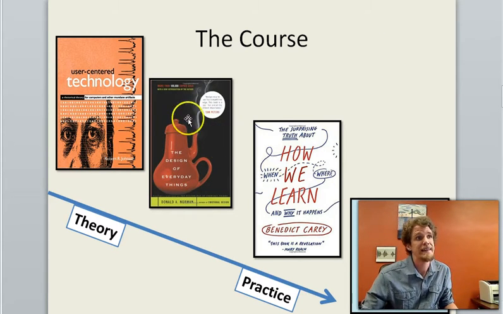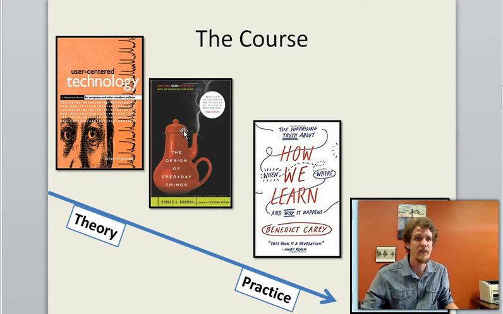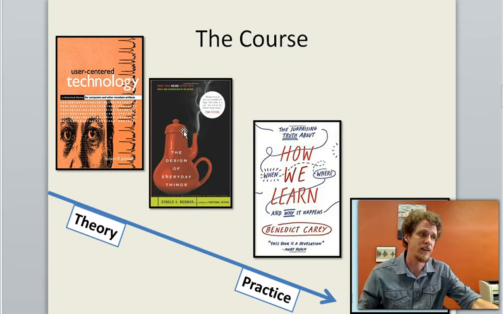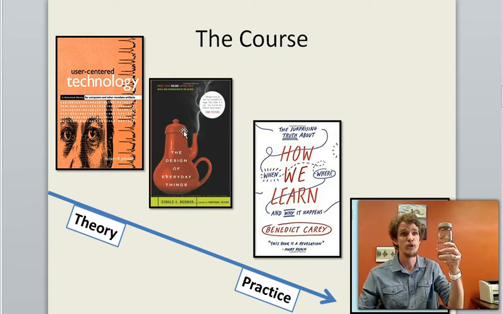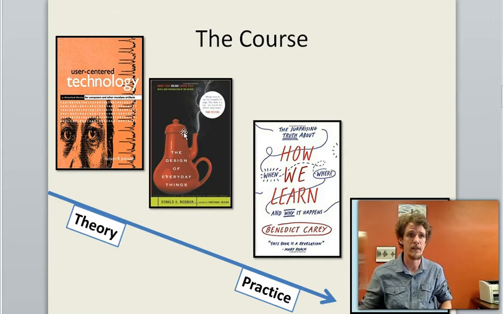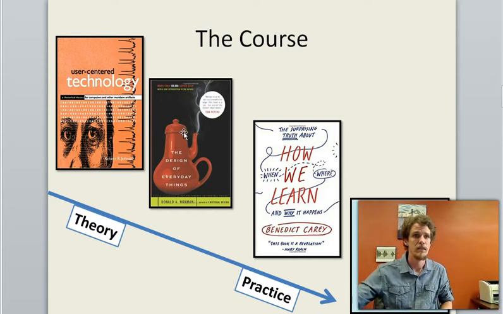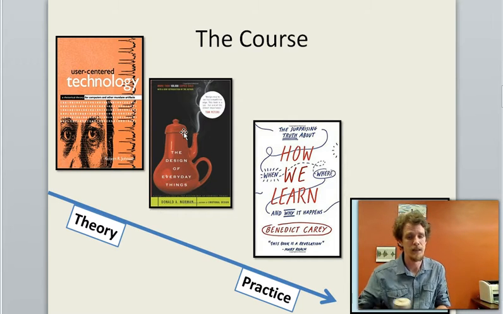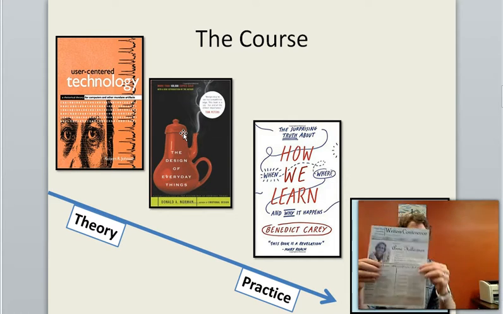Along the way, for each of these three major readings, you'll be analyzing an artifact. I'll define that later in the semester, but in brief, an artifact is anything that you use. A technological artifact. It can be a water bottle, it can be a book, it can be a series of sticky notes, it can be a flyer or a poster that you see on the wall.